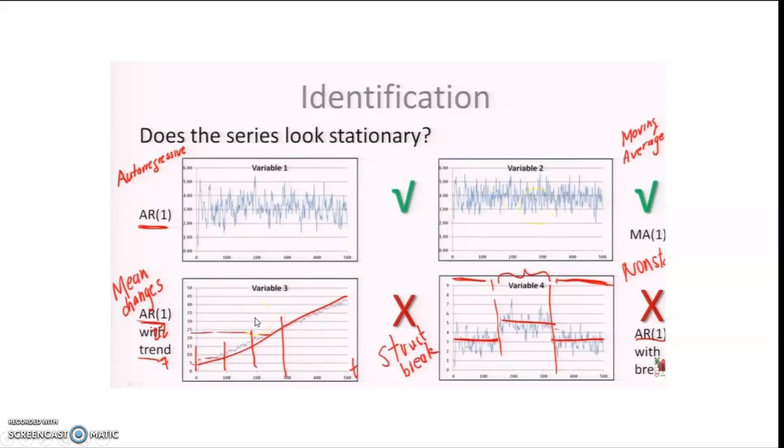Variable 3 has an upward trend. There is an increasing trend in this data, and the mean does not remain constant over time.